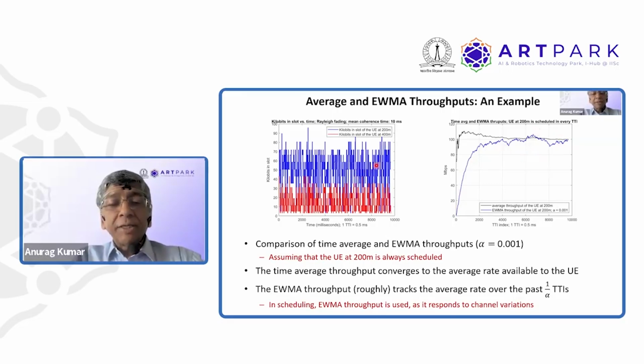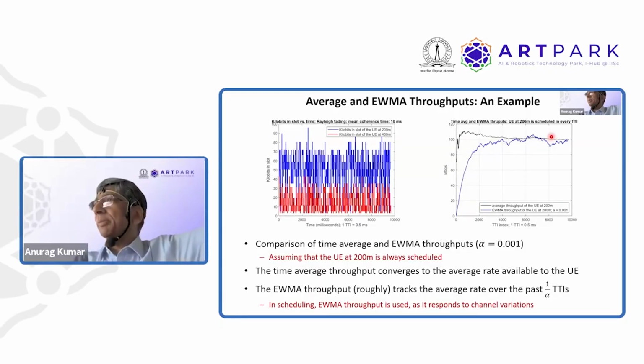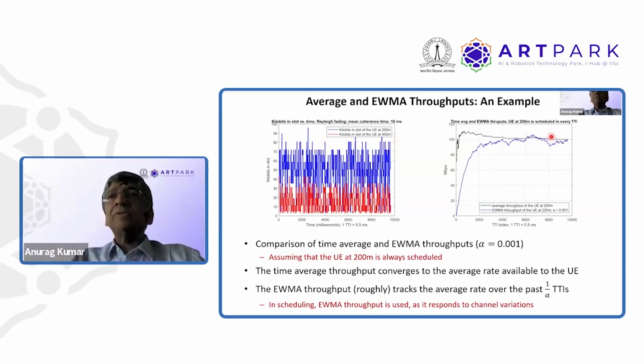For example, here the channel was poor for the blue UE, and it captured that. The normal average did not capture that because it already has too much history built up. It was taking the entire baggage of tens of thousands of slots to maintain the average. The channel was good here, so you got a slight increase in the throughput. The channel was poor here, so you see local variations.